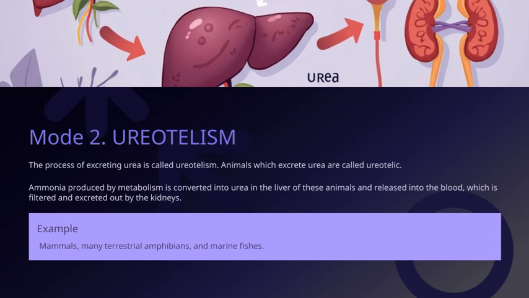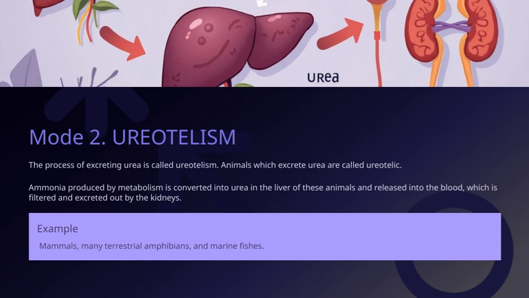To handle this, their bodies convert ammonia into a less harmful substance called urea in the liver. This urea then enters the bloodstream, where it is transported to the kidneys. The kidneys filter the blood, and during this process, urea is separated out from the blood plasma. The filtered urea is then excreted out of the body in urine.